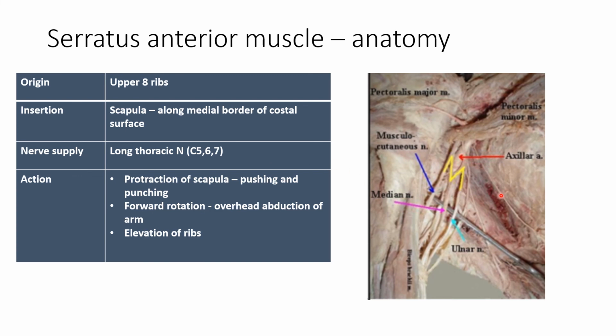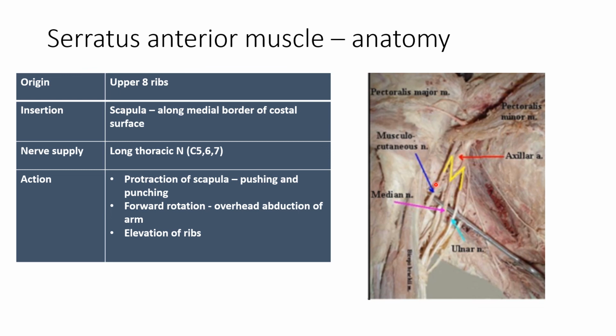You can see that this is the serratus anterior muscle and this is the long thoracic nerve which you are seeing in this picture. This is the brachial plexus part, and the action of the serratus anterior is, as I told you, protraction of the scapula, the forward movement, and then pushing and punching movements.